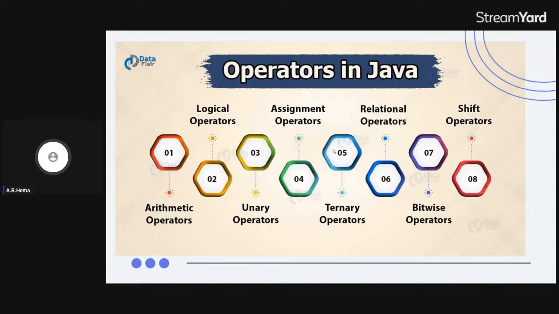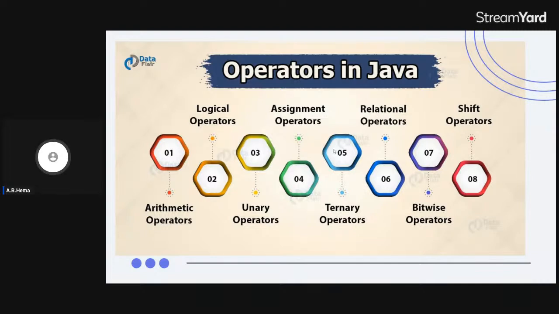So the relational operators are less than, greater than, less than or equal to, greater than or equal to, equal to, and not equal to. Generally, if you already know any programming language, you'll know that equal to always uses the double equal to sign.